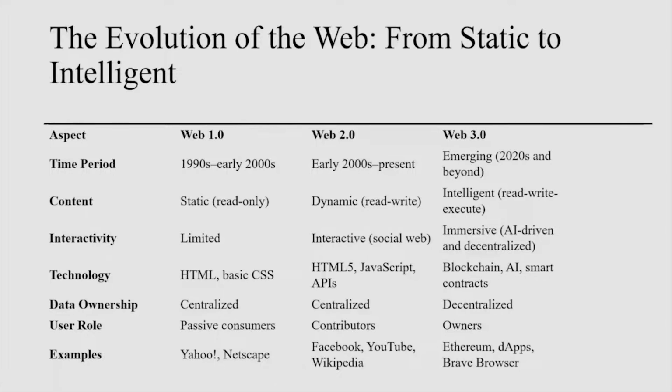The best example is distributed apps. They are trending apps that we need to develop. We need to know blockchain technology, distributed app technologies, and all the front end and back end technologies. So this is the evolution of the web from static to intelligent. Now we are in the intelligent Web 3.0.